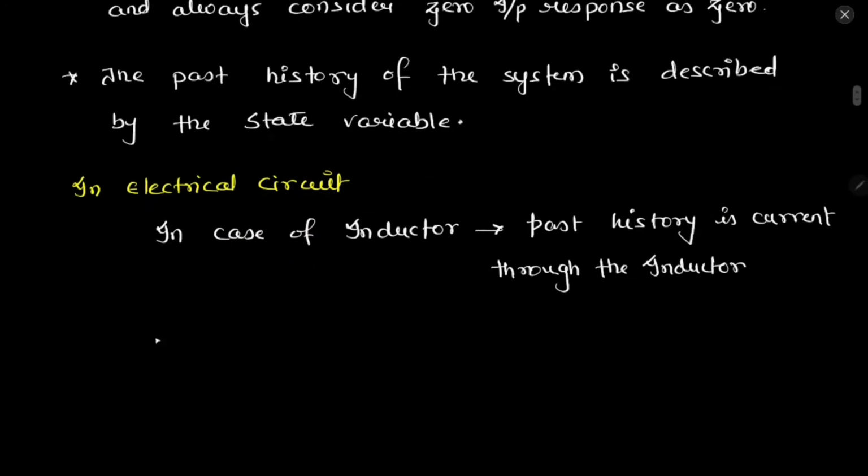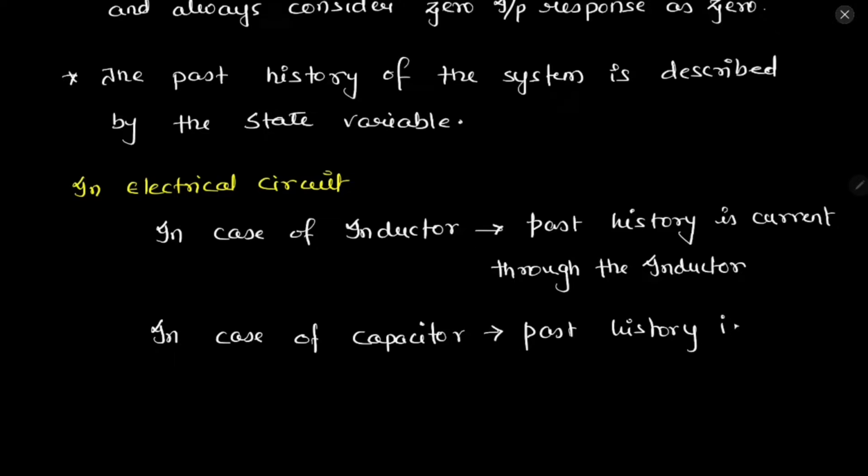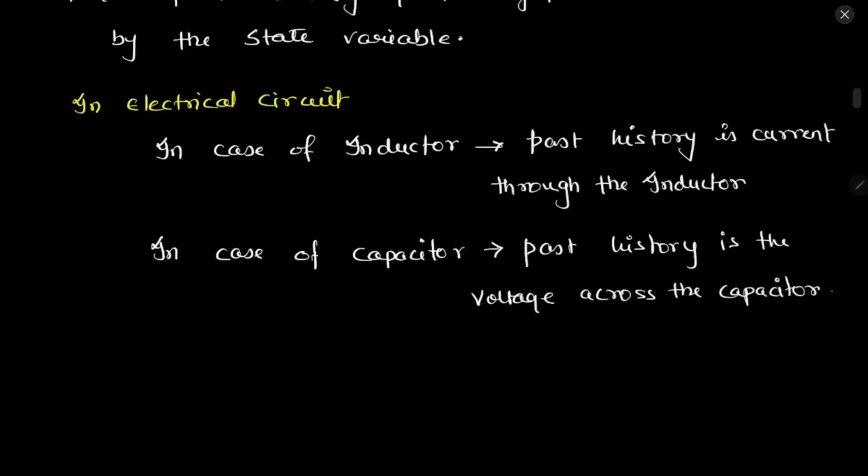Whereas in case of a capacitor, the past history is the voltage across the capacitor. So in case of an inductor, the past history is the current through the inductor, and in case of a capacitor, the past history is the voltage across the capacitor.